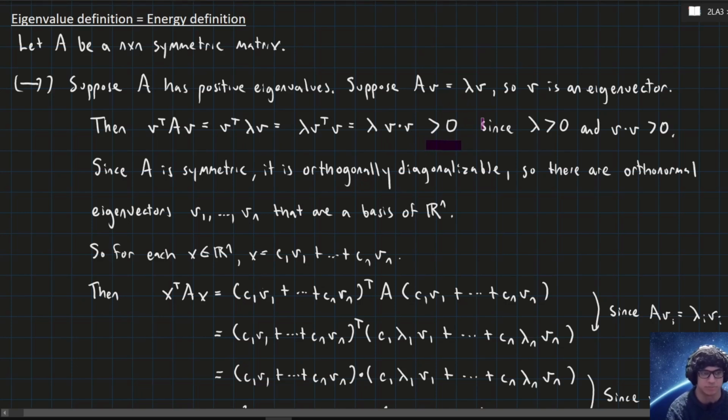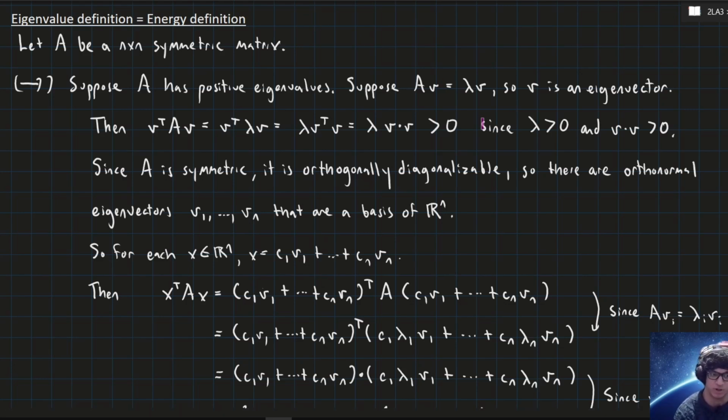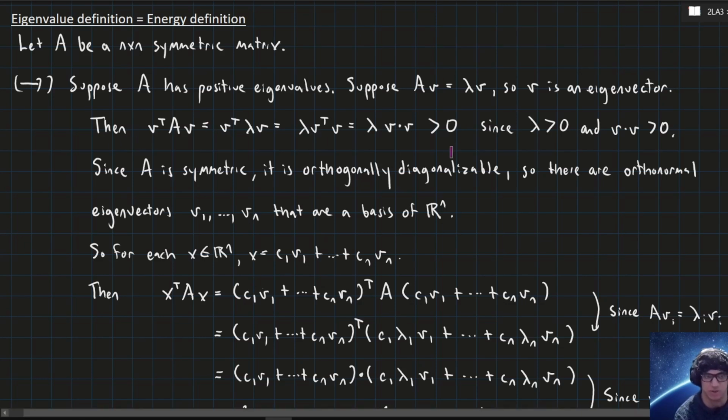So that's not quite what we want to prove. What we want to prove is that any vector in Rn has energy greater than 0. But we've just proven it for the eigenvectors. So let's remember something about the eigenvectors of A. Since A is symmetric, it's orthogonally diagonalizable, and so there are orthonormal eigenvectors, V1 through Vn, that are a basis for Rn.